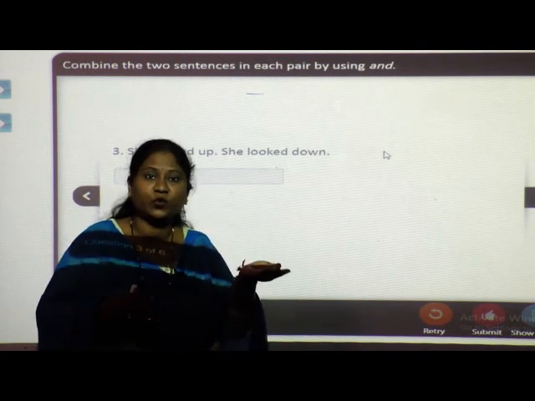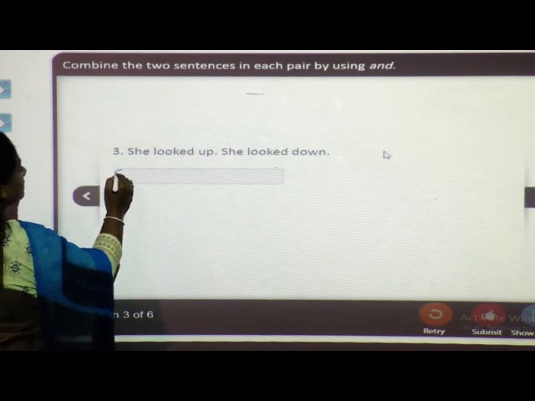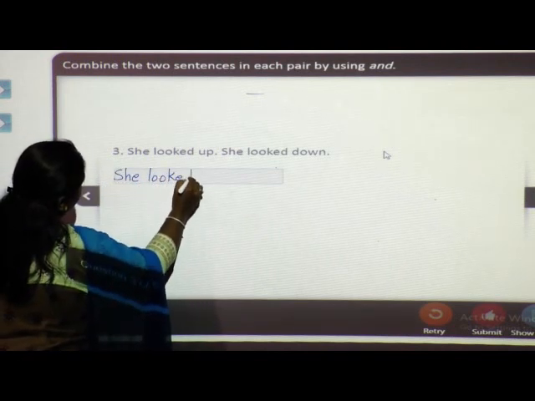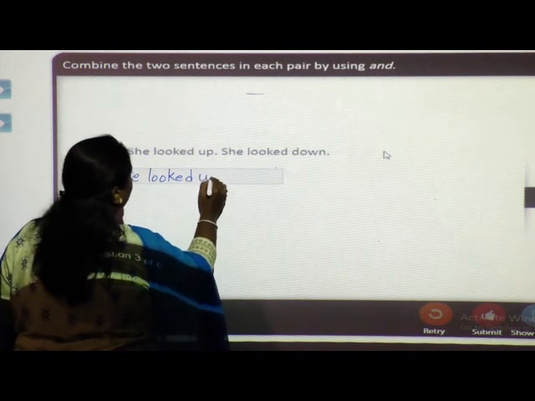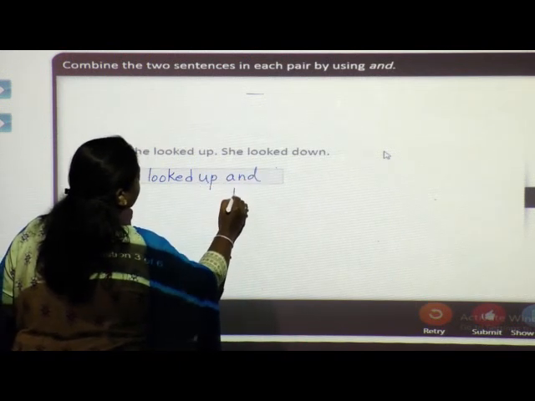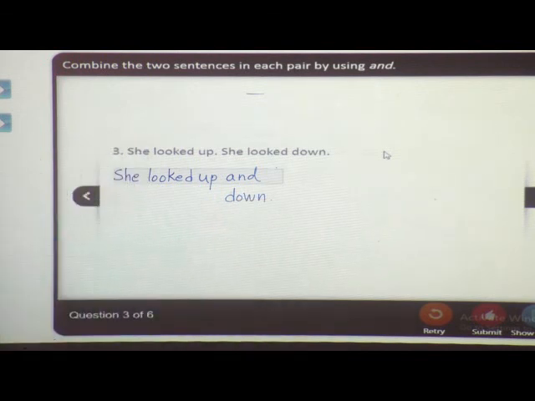Yes, we have to use and. She looked up and down.